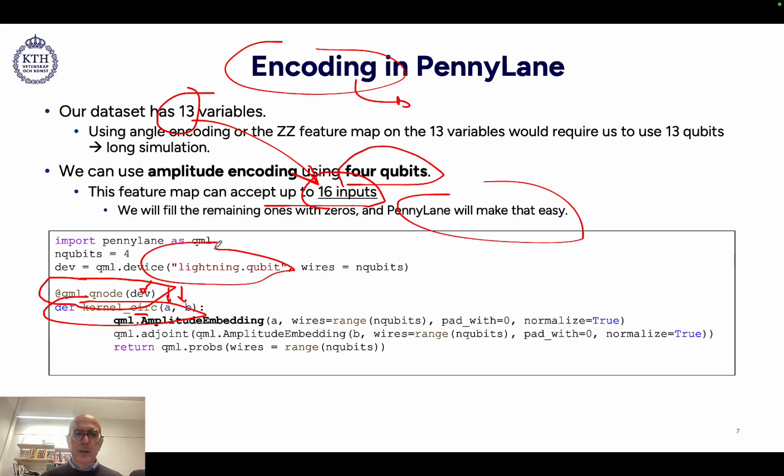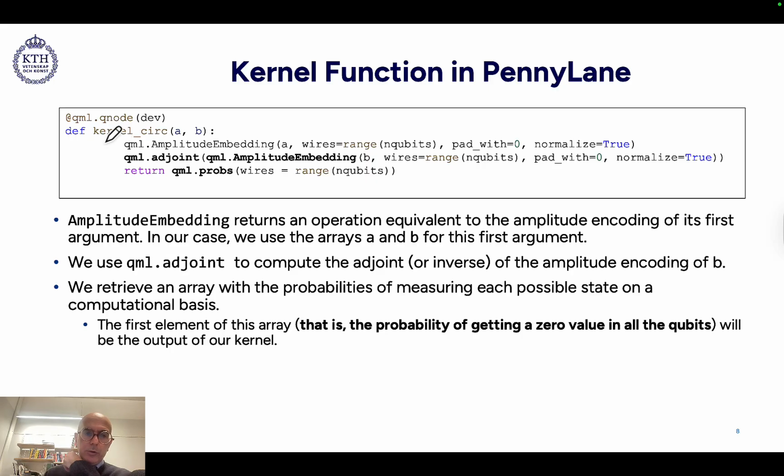So the first part of our kernel is to apply a feature map that corresponds to amplitude embedding, and we encode A. And you see here we pad with 0, and we also provide the number of qubits. So the first part of our quantum circuit is just to apply the quantum circuit corresponding to an embedding of A. The second part is to apply the adjoint of the B embedding, right?